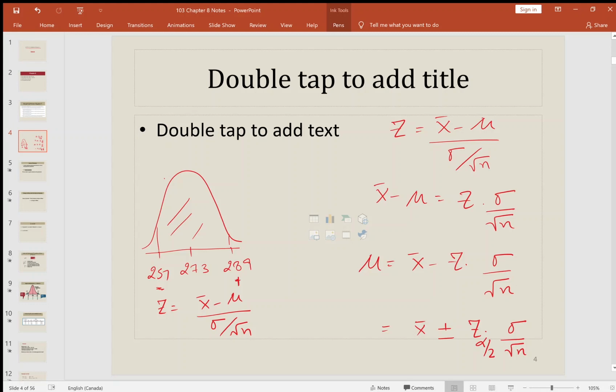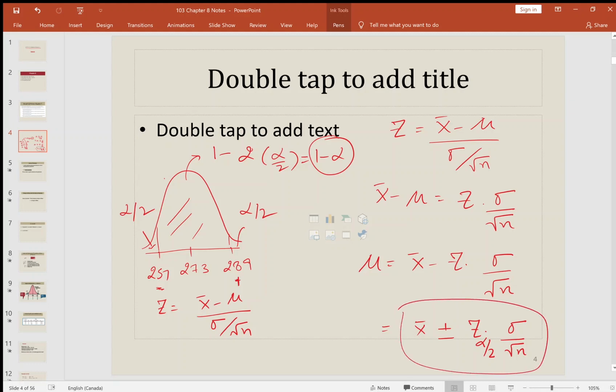Essentially the area in the tails is going to be alpha by 2 and alpha by 2, which means that this area in the middle is 1 minus twice alpha by 2 equals 1 minus alpha. Okay, so we will be given the alpha or the 1 minus alpha, and we will find the corresponding z value, and then everything else is given, and we will calculate this confidence interval. So this is called the confidence interval, and that is essentially what chapter 8 is.